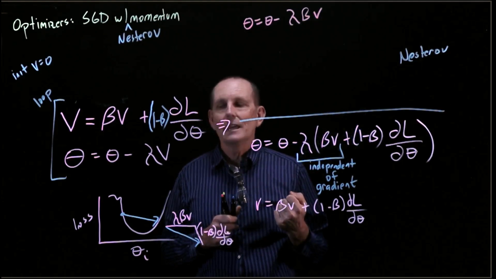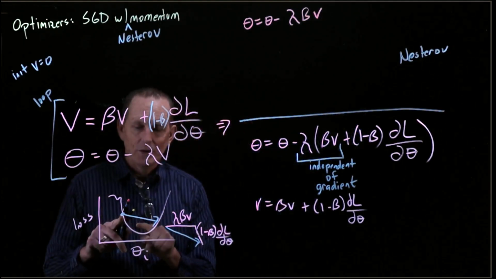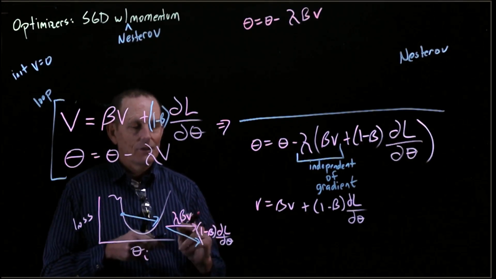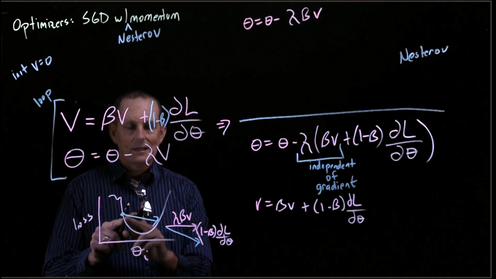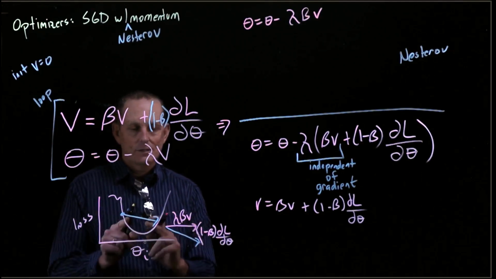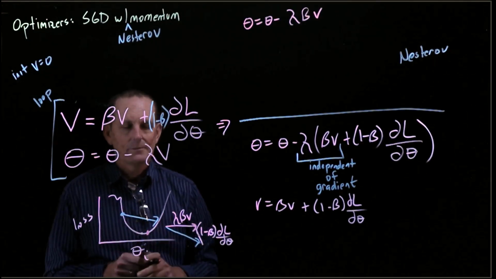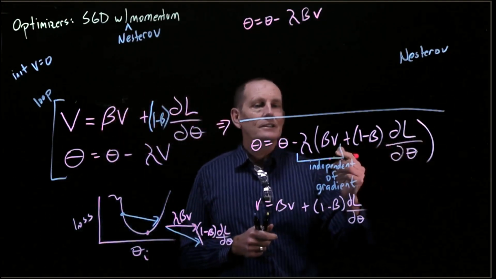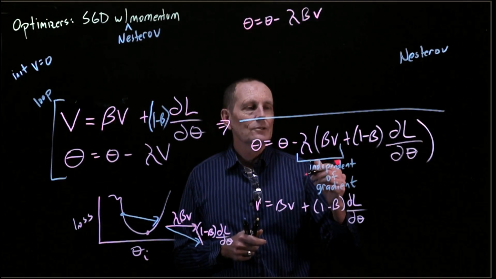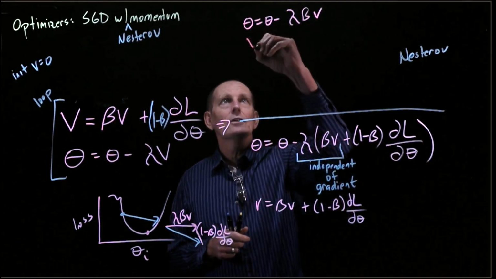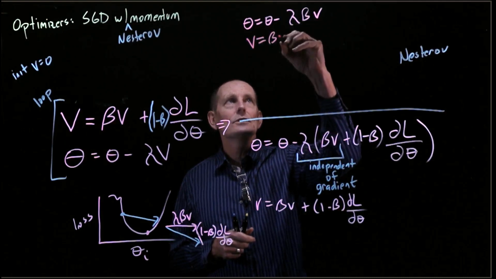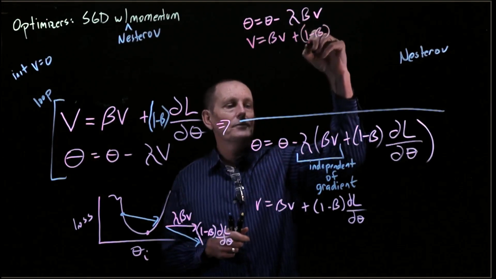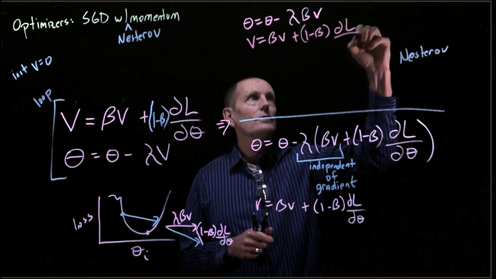Now that we have actually updated theta, we have actually moved somewhat over here, right? In this case, our vector for lambda beta v is something like this. So we're like here, okay? Now, go ahead and calculate the derivative. So we can say, okay, now we're going to update v equals beta v plus 1 minus beta times the derivative.